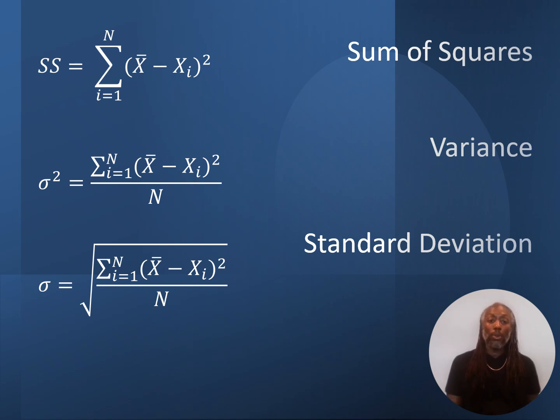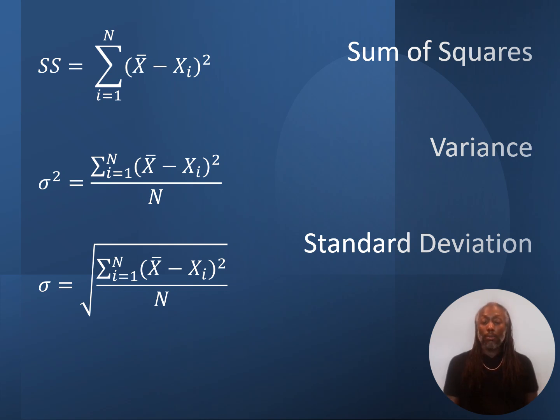In the parentheses, we have X with a bar on top. You will hear me call that X bar. That represents the mean. Then we are subtracting from X bar, X sub I. This is some observation. That starts with the first observation, I equals 1, and goes all the way up until we get to the last observation, where I equals whatever the size of the sample is.